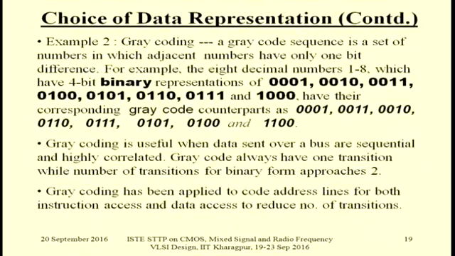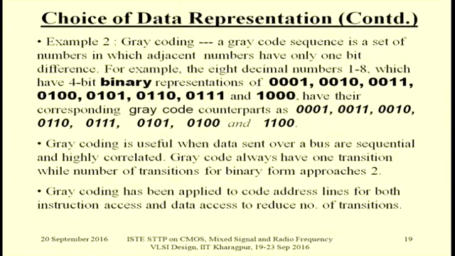Now, if you go for another example, say gray code. Gray code has been found very useful when the data sent over a bus are sequential and highly correlated. Signal correlations, if we can ensure, definitely there is a scope for power reduction. Okay, that is the main thing. So here you see, the gray code sequence is a set of numbers in which the adjacent numbers have only 1 bit difference.